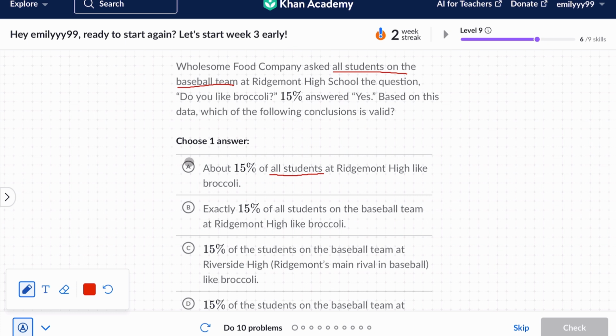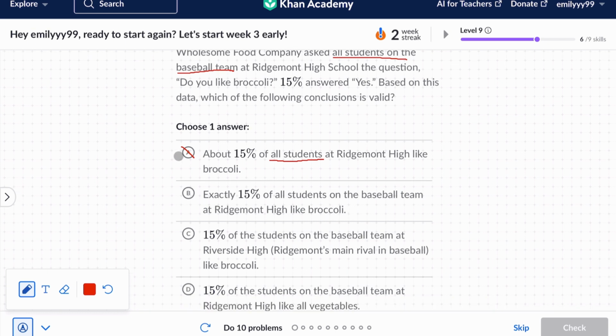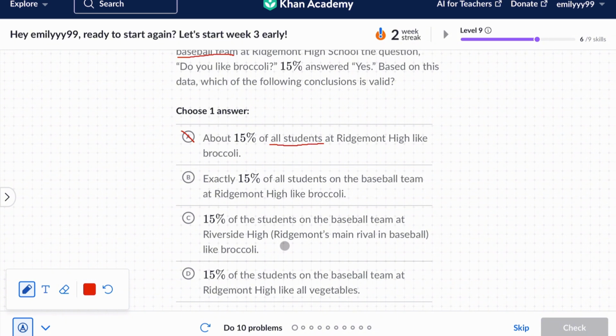So A is wrong. B, exactly 15% of all students on the baseball team at Ridgemont High like broccoli. This seems pretty accurate. It seems valid right now, so we're going to keep B. C, 15% of the students on the baseball team at Riverside High, Ridgemont's main rival in baseball, like broccoli.